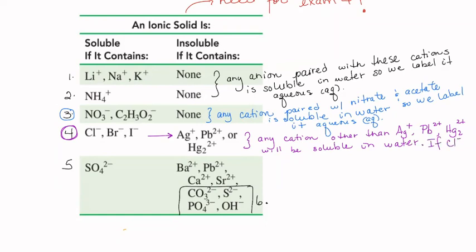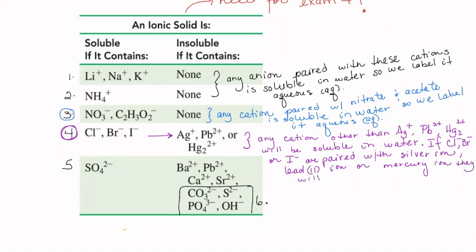If chloride, bromide, or iodide are paired with silver ion, lead 2 ion, or mercury ion, they will be insoluble in water.